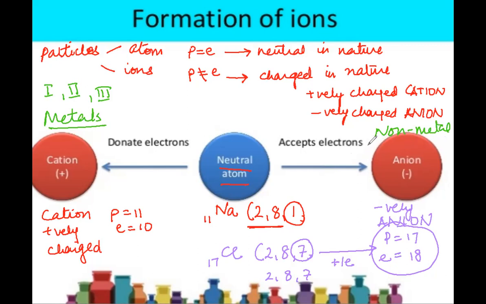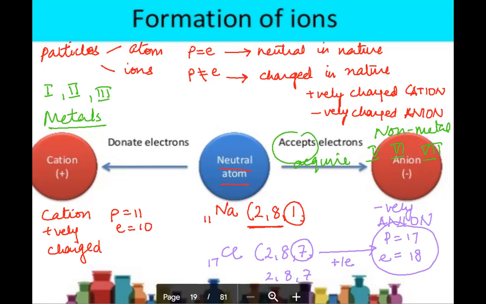Because they belong to group 5, 6, or 7, and they accept or acquire electrons in order to be like the noble gases. So they have more electrons as compared to their proton number, and they form negatively charged anions.